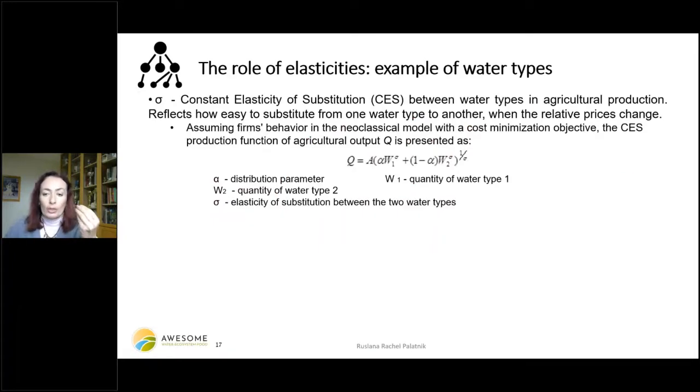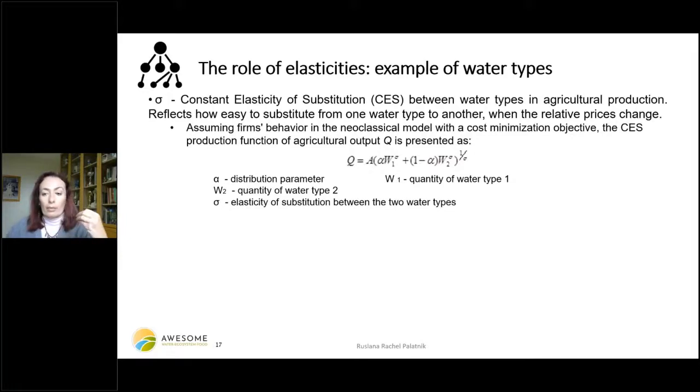So just to give you a flavor, what is this elasticity of substitution and how does it work? I will give an example of what we have done on estimating the elasticities of substitution between different water types. Here let's define sigma, the constant elasticity of substitution between water types, and by water types I mean natural water, treated water, and desalination.